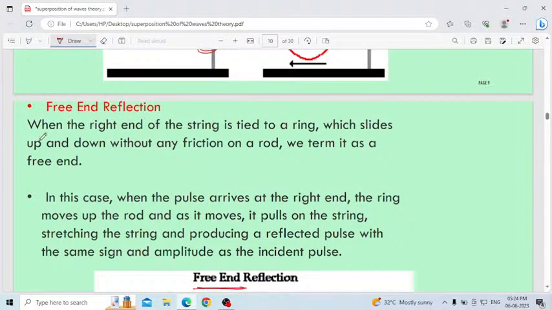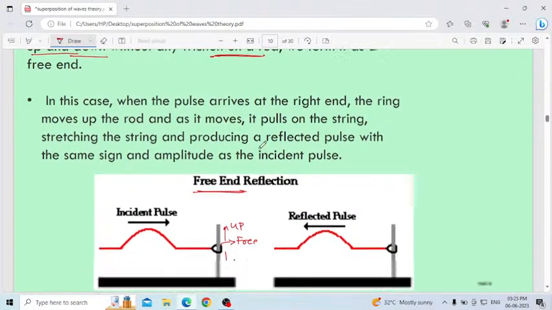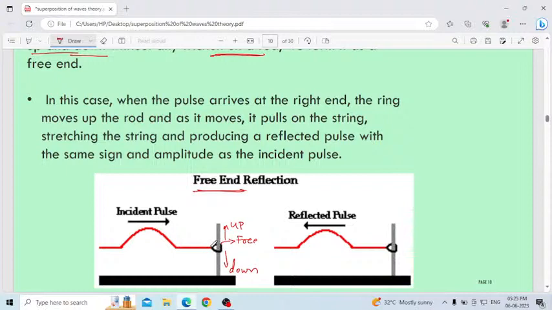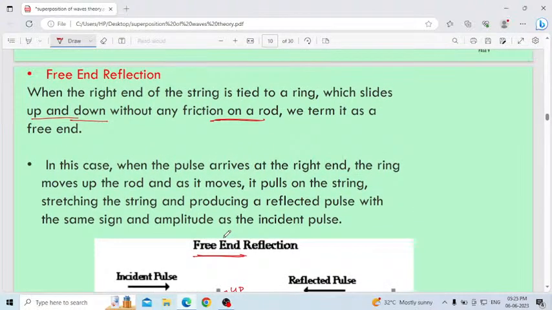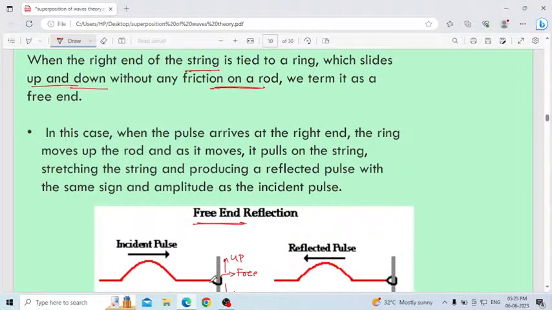Free end reflection: the right end of the string is tied to a ring which slides up and down without any friction on a rod. Yes, it can move up and down without any friction. Consider this is the ring, this is the string, and this is the rod.